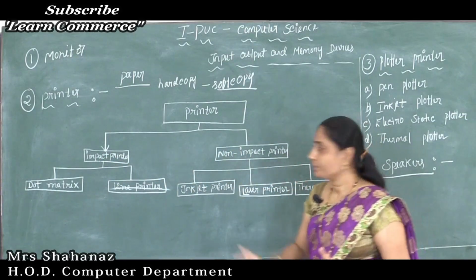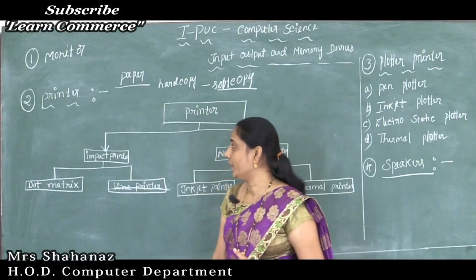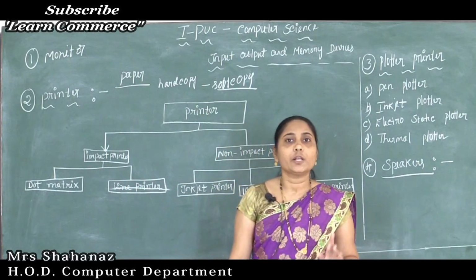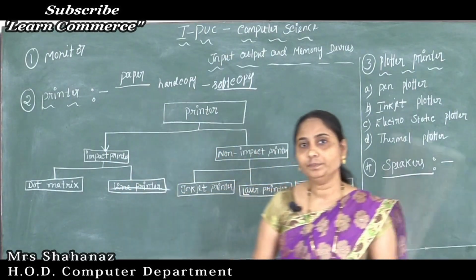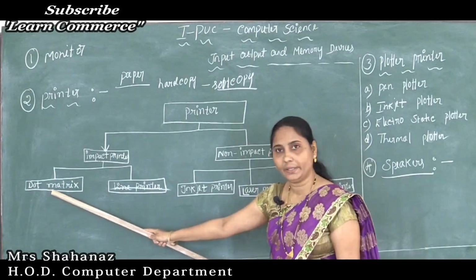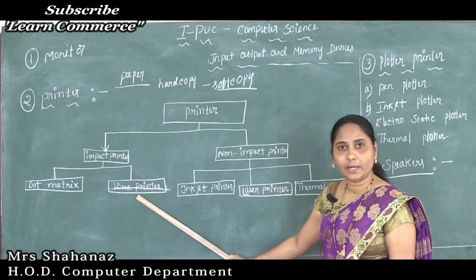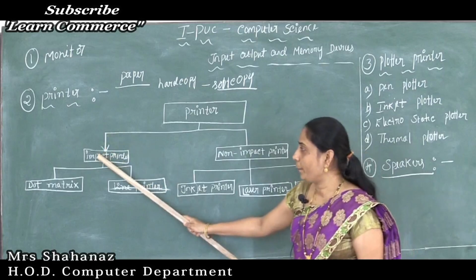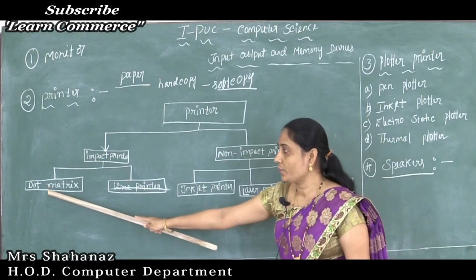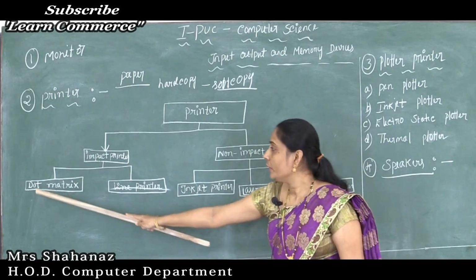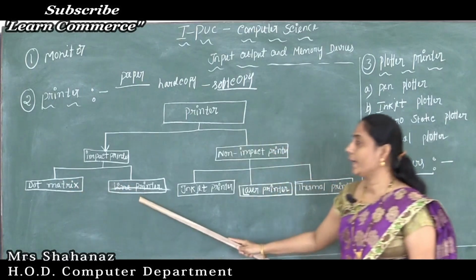And again in our impact printer some of the types are there. So the types are dot matrix printer, line printer. Clear this point here? So impact printer is classified into two types, dot matrix printer and line printer.